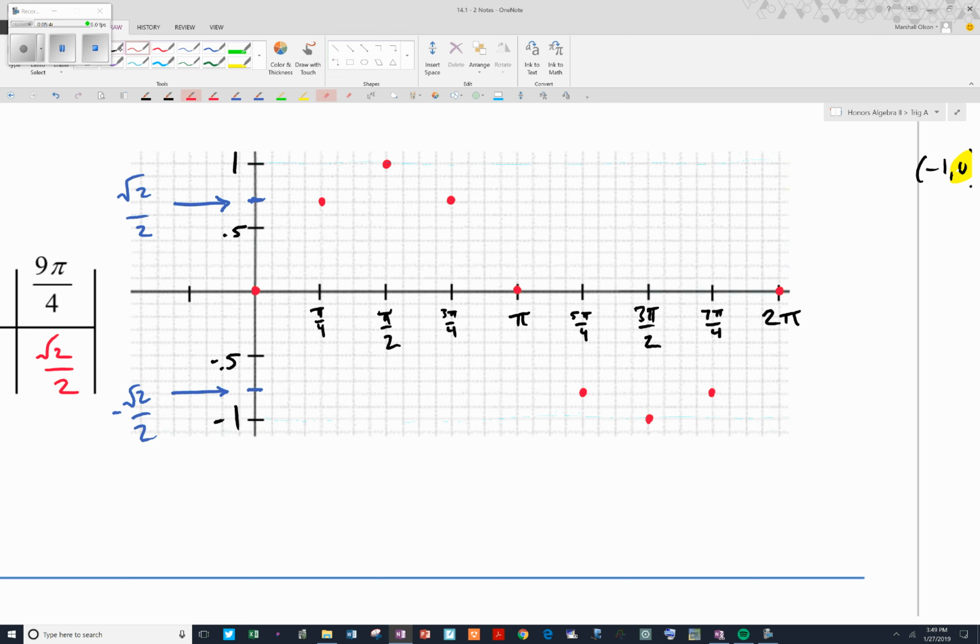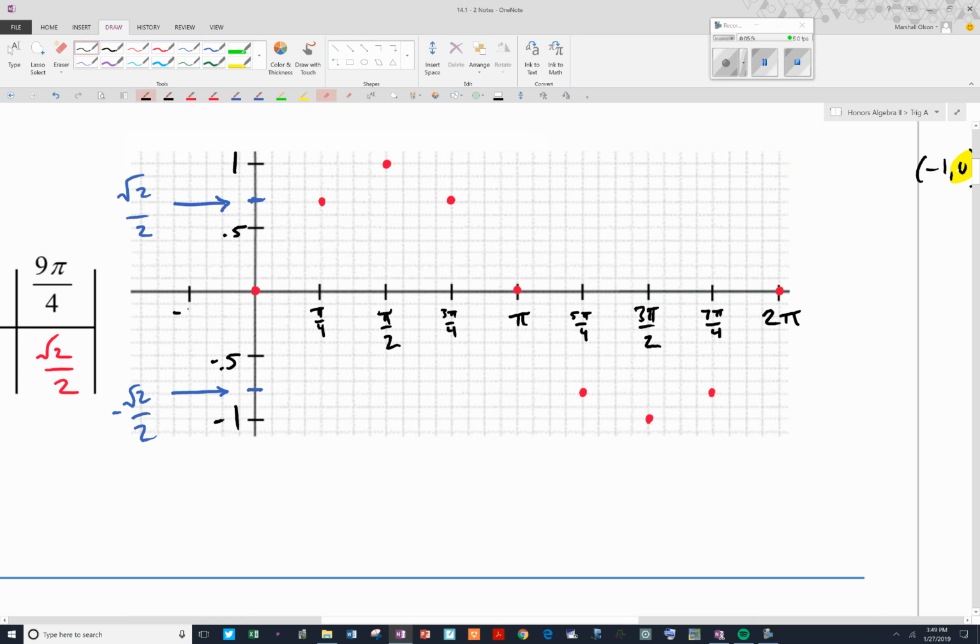Actually, I'm going to go back one more value here at -π/4. We know that this pattern would continue. The sine of -π/4 is the same as the other angle that's in the fourth quadrant. That's 7π/4. They're coterminal, so that would be right here.